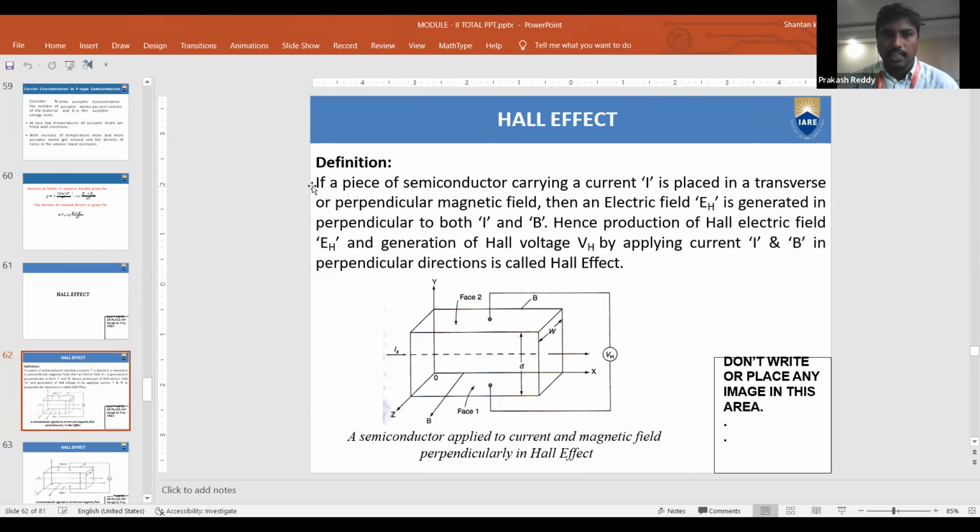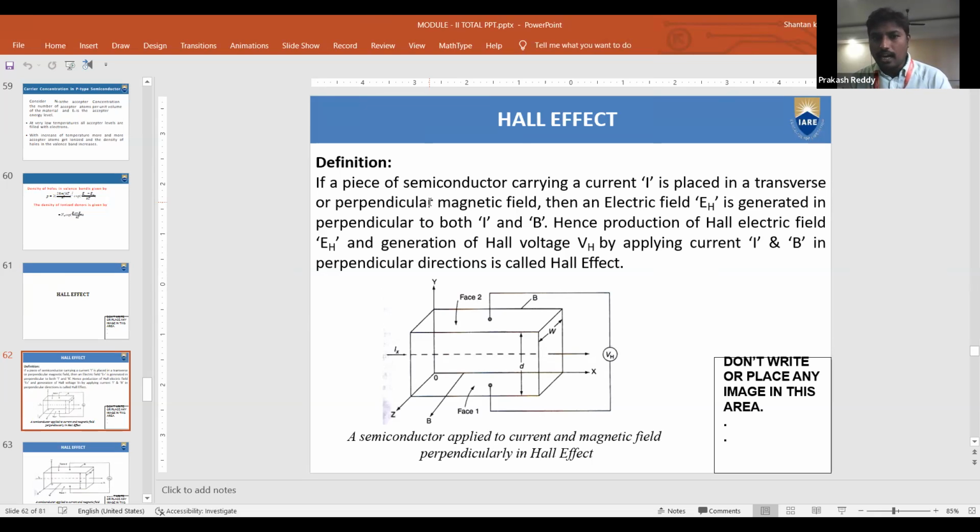Once again I am repeating the definition. All of you try to understand. If a piece of material, either conductor or semiconductor, carrying current is placed in a transverse magnetic field, what do we observe? An electric field EH is generated, perpendicular to both current and magnetic field.